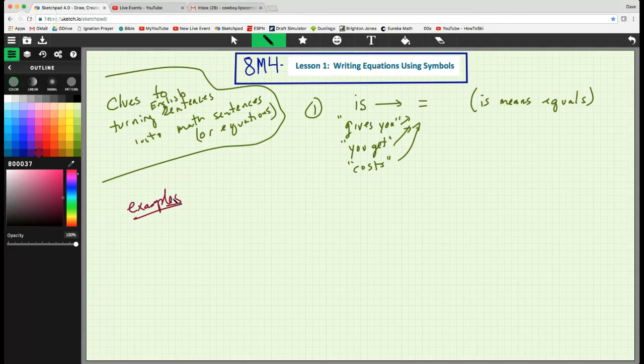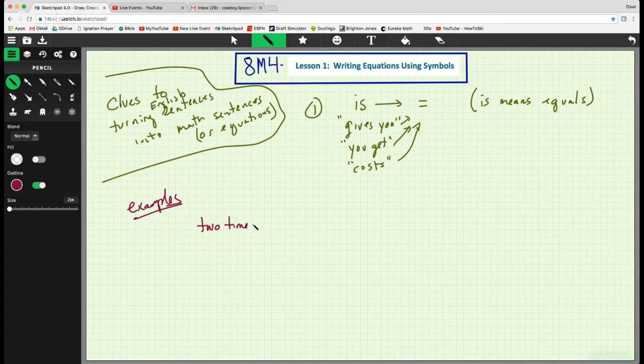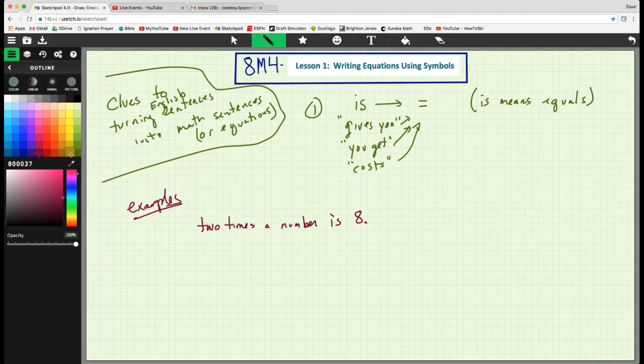Some examples are: 2 times a number is 8. You can probably do this one relatively easily, but let's break it down. So we see this is.